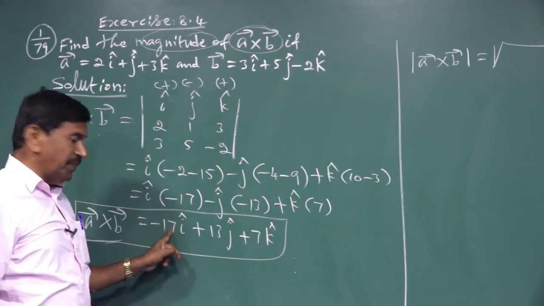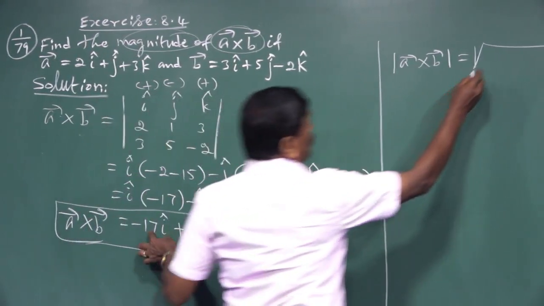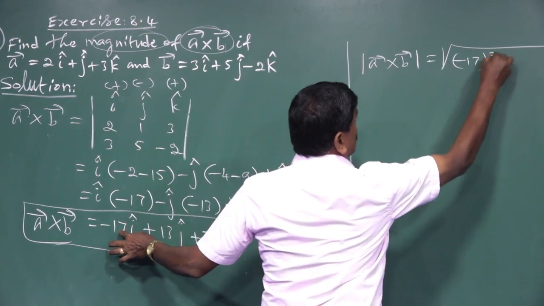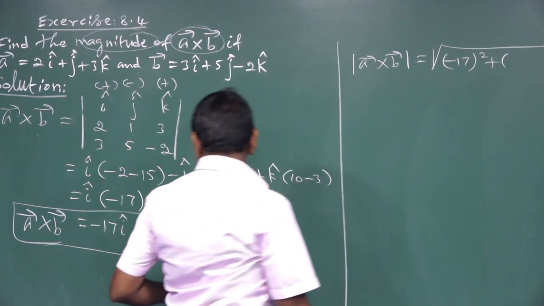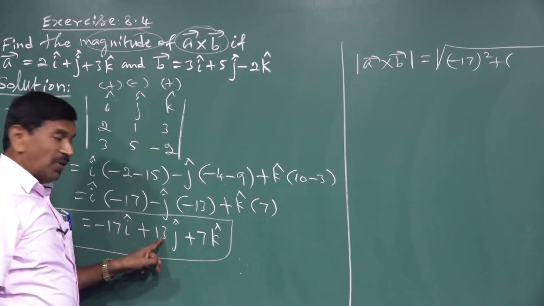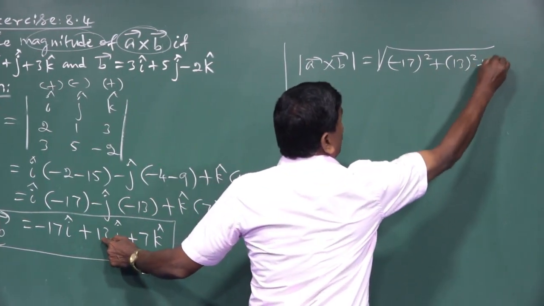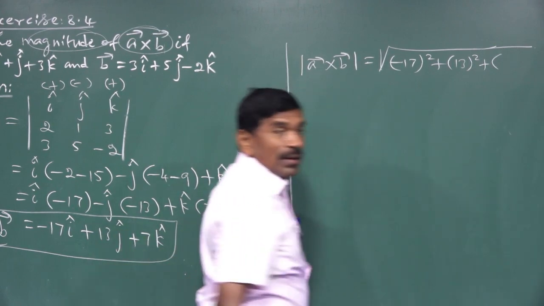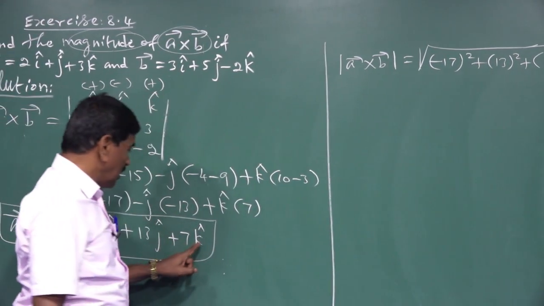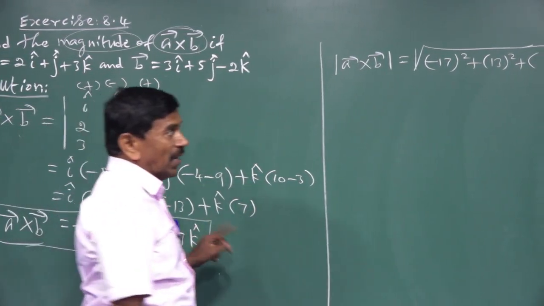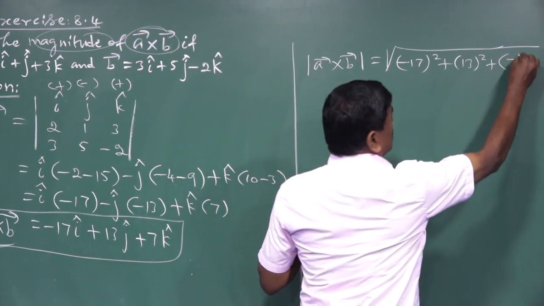Here the i coefficient is minus 17, therefore minus 17 the whole square. Next, the j cap coefficient is 13, so plus 13 the whole square. Next, the k cap coefficient is 7, therefore 7 the whole square.